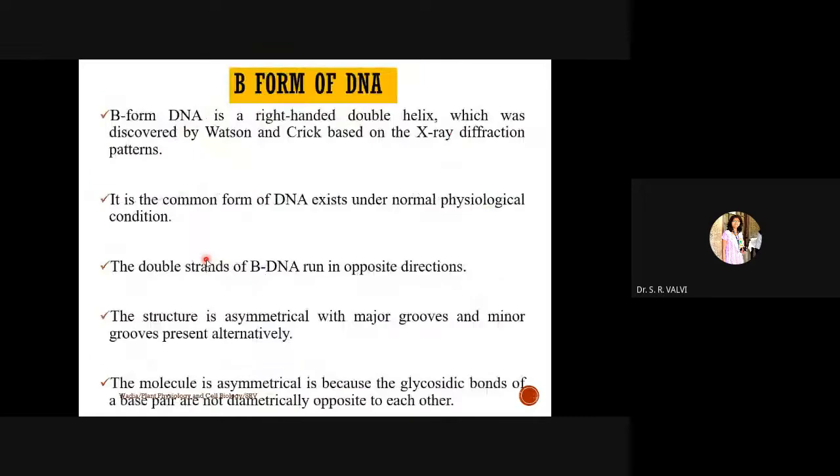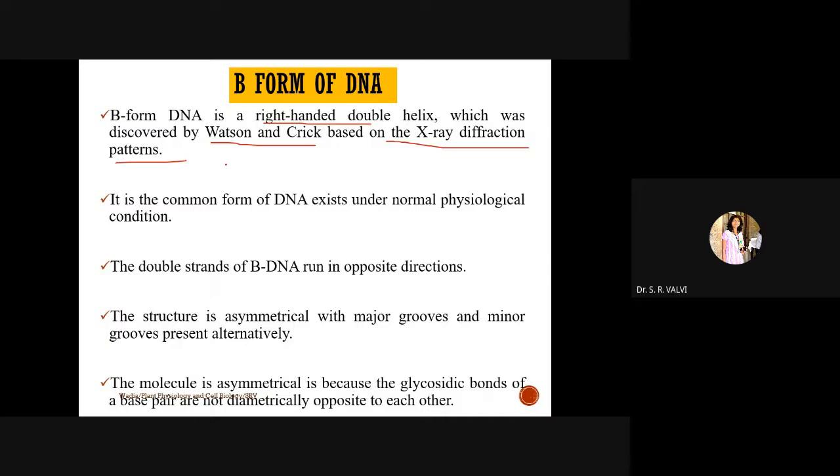Next, B form of DNA. Here you can see that B form of DNA is right-handed. Yes, this is the same character as the A form; A form is also right-handed DNA. Please remember, B form is also a right-handed double helix, which was discovered by Watson and Crick based on X-ray diffraction pattern. So during the discovery, these scientists Watson and Crick made this type of DNA, that is B form of DNA.